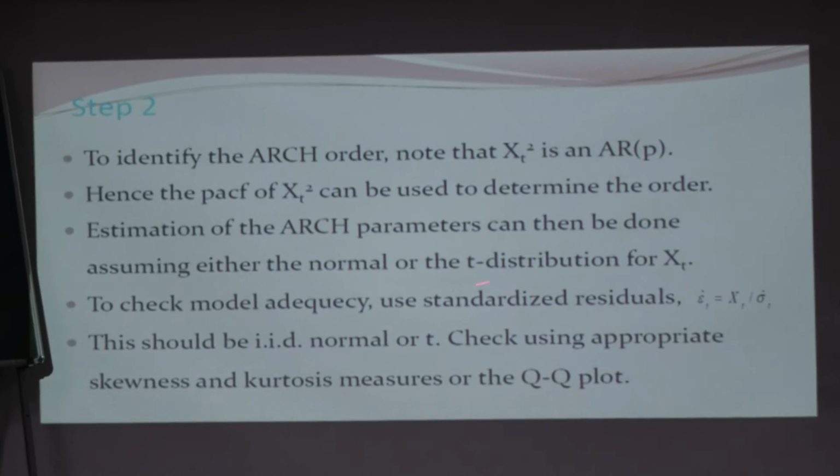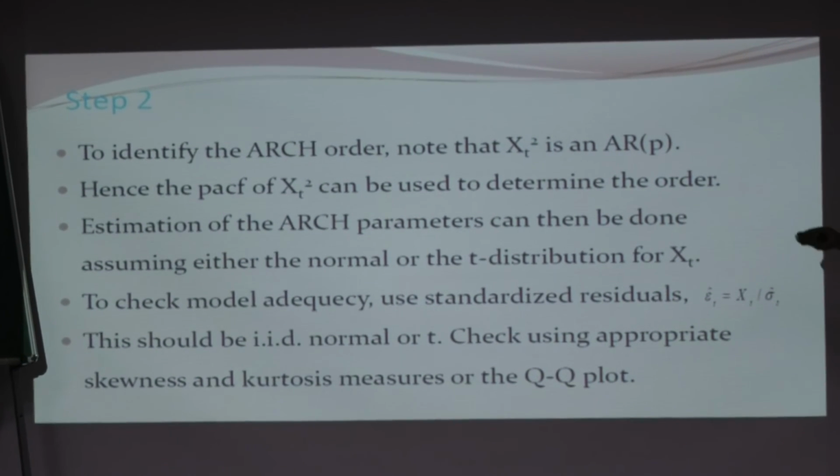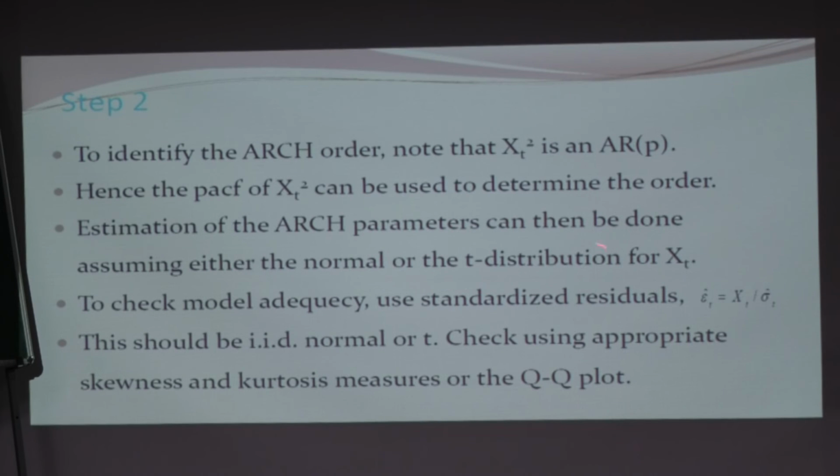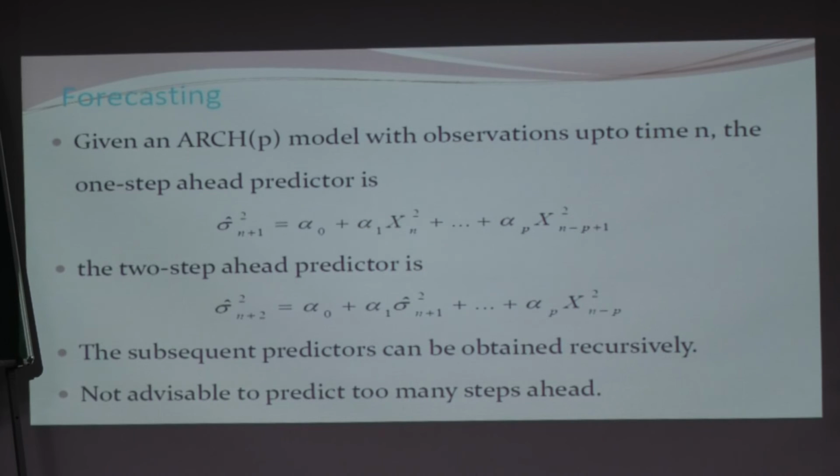Once you do that, I just told you how to do it. Usually you take the t distribution, estimate the parameters, and then you can get the residuals, predicted values, sigma t square, etc. You can check for normality or t from the QQ plots, etc. So this would be the second step.